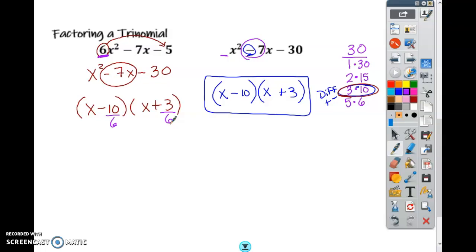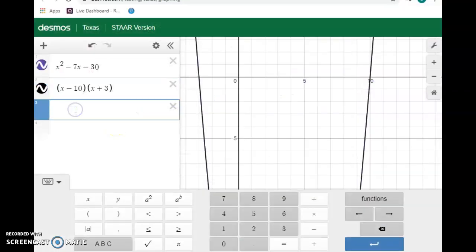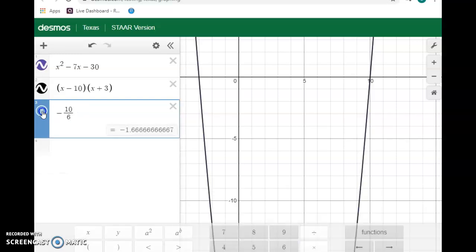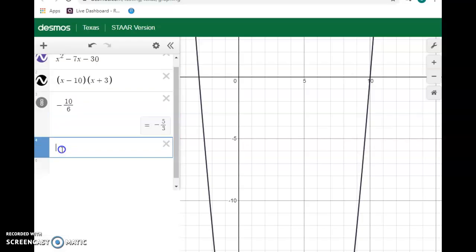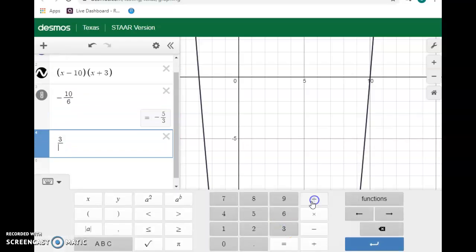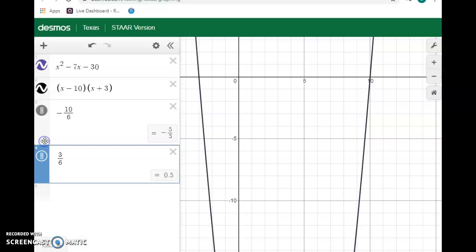Okay, so I'm going to put it in Desmos. Negative 10 divided by 6, and 3 divided by 6. So negative 10 divided by 6, fraction, and 3 divided by 6, fraction. So I'm going to write those down and move the denominator to the front.